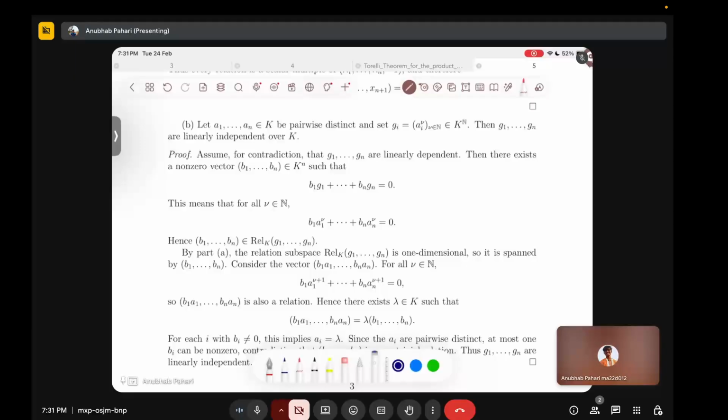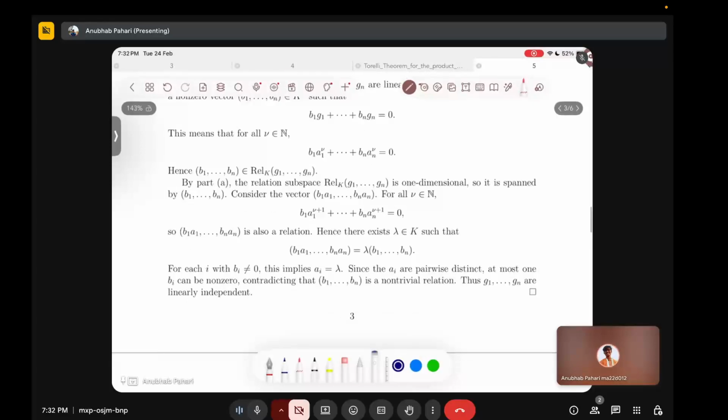Hence there exists lambda belonging to k such that (b1 a1, ..., bn an) equals lambda times (b1, ..., bn), and for each i, bi is non-zero.